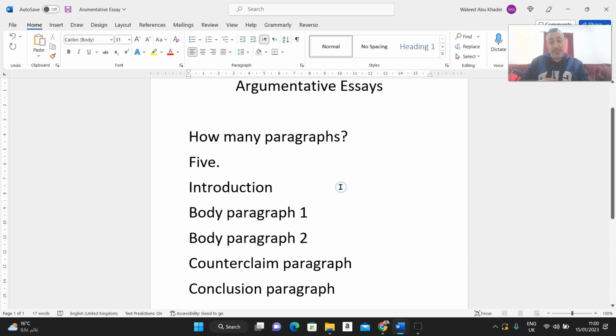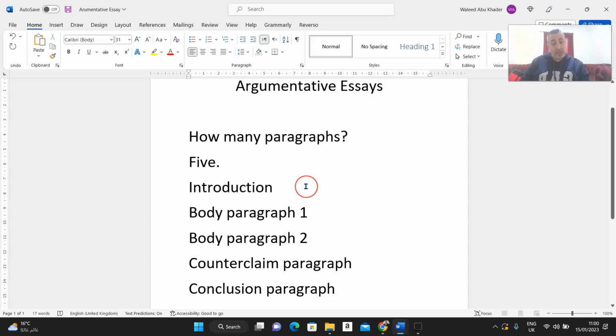Now, how many paragraphs does an argumentative essay have? 5. Of course, it can be way more, but for intermediate students like yourselves, or even secondary students, it's 5.